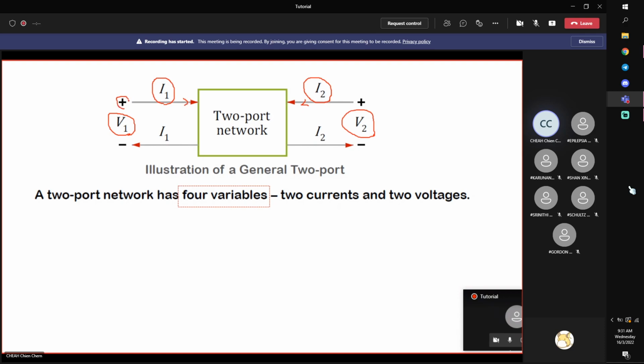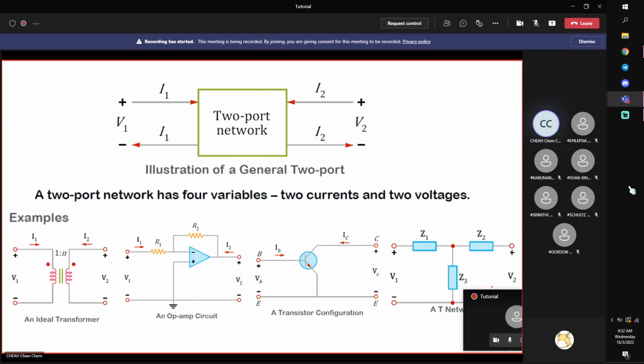Basically, it flows in from the positive terminals. And because there are 4 variables, there will be various ways of modeling these two-port networks. In this course, you are introduced to 4 models, which we'll go through later on.